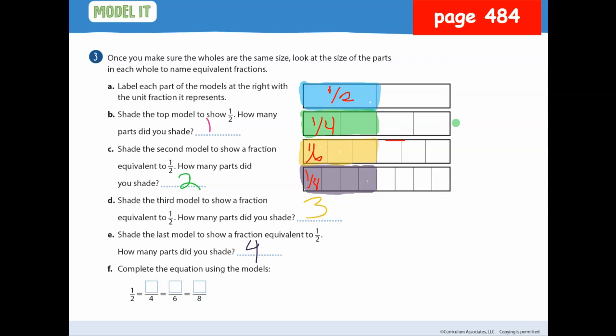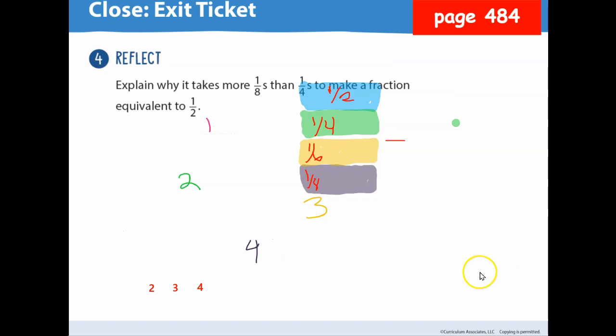So a half is equal to how many fourths? 2. 2 fourths is equal to how many sixths? 3. 3 sixths. And then a half is equal to how many eighths? 4 eighths. Good. All of these are equivalent fractions.